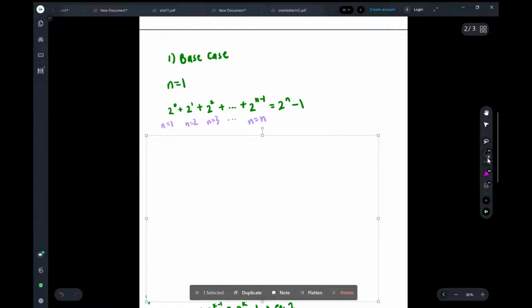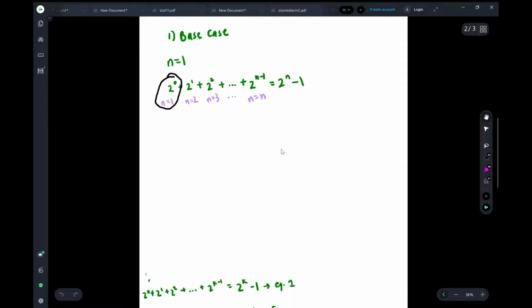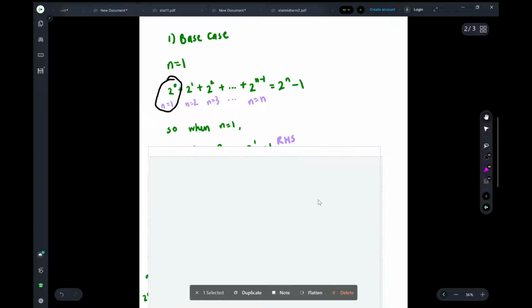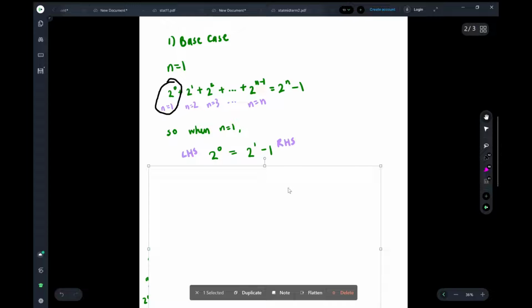Looking at this, we see that when n equals 1, we have 2^0. So that would be our n equals 1 element. When n equals 1, our left hand side is 2^0, which is equal to our right hand side, where we just replace the n with a 1.